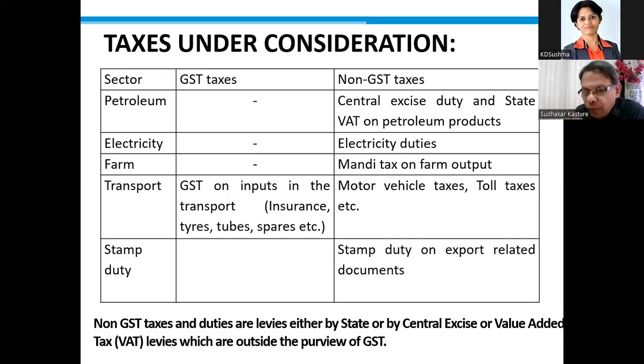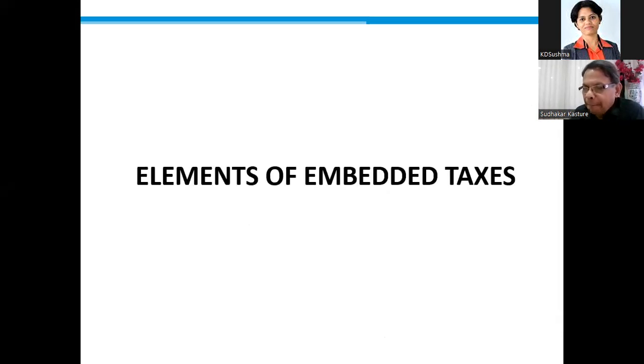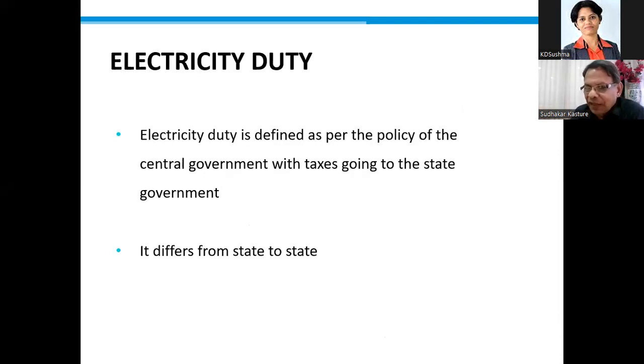These taxes have to be calculated. Their percentage has to be fixed based on the FOB value, and that amount has to be given back to you because you have exported the goods. So what are the elements? Electricity duty differs from place to place because electricity taxation is different in different states. Depending on where your factory is, you'll have to think about this.